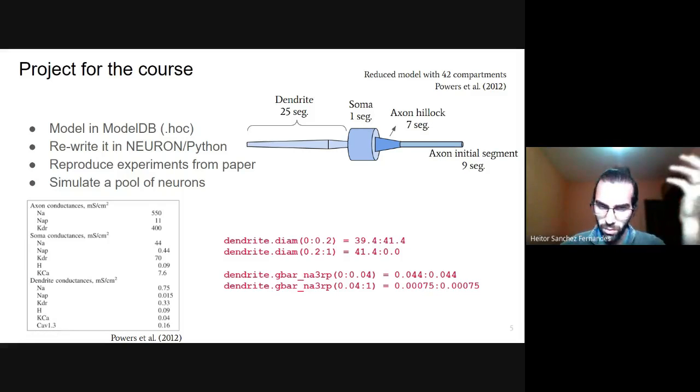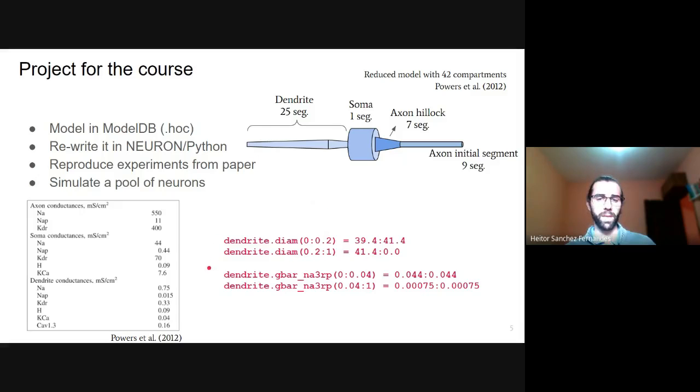Another challenge was the Hoc syntax, which was new to me, where you can choose a range of locations. It is represented here: from 0 to 0.2 there is a range of diameters, and then you can change it in the other part of the dendrite.